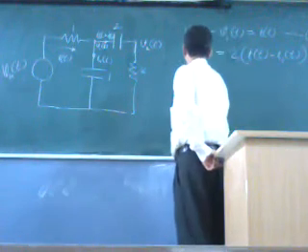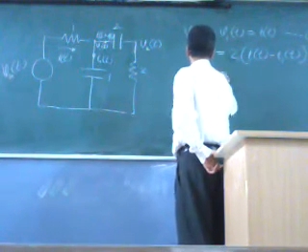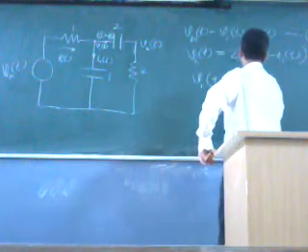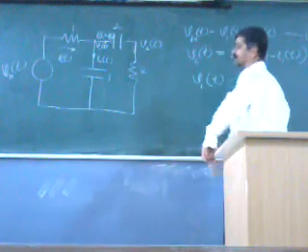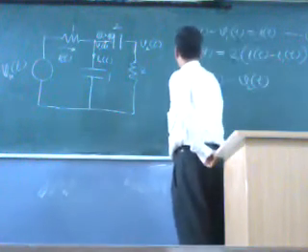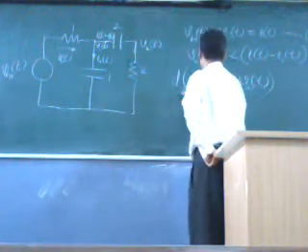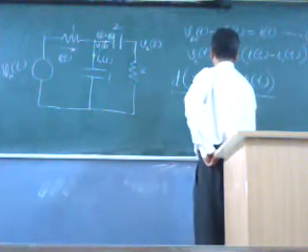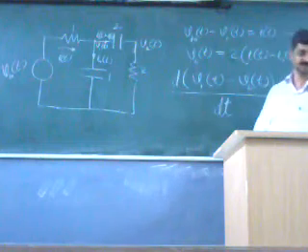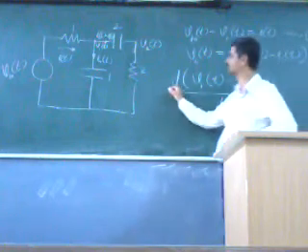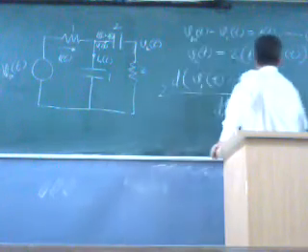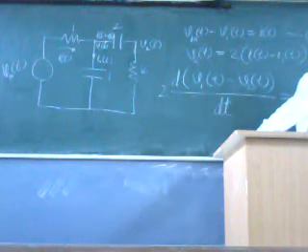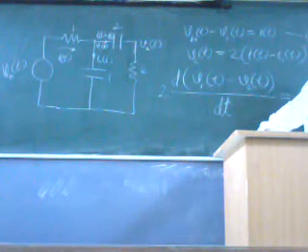Now V1(t) minus V2(t), d by dt, is equal to what? Into 2 is equal to I(t) minus I1(t).